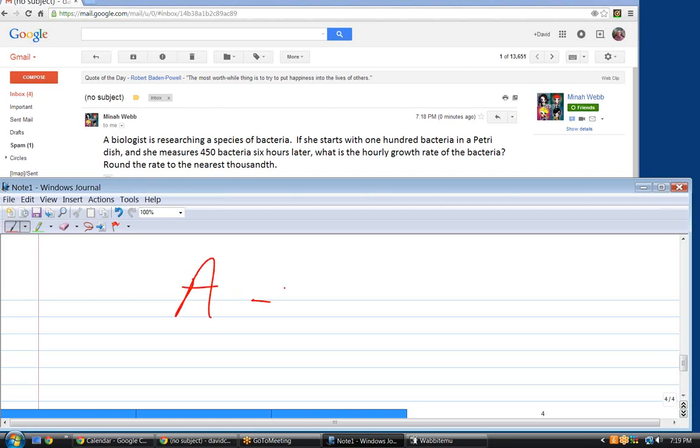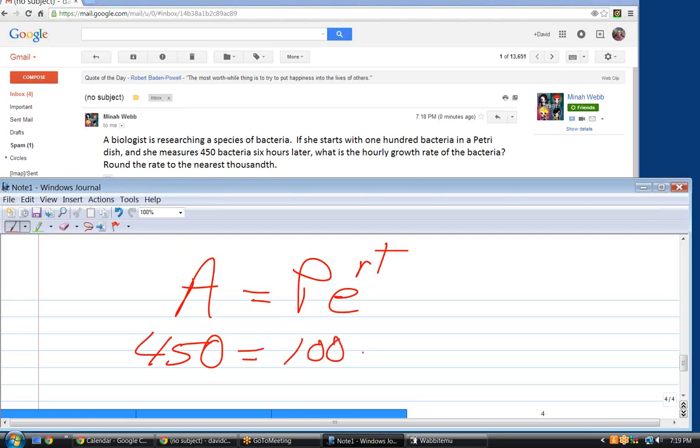So the amount of bacteria in the petri dish is equal to the starting amount times e to the rt. So we can substitute everything we know. The amount 6 hours later was 450. Starting amount was 100. R is the unknown, and T is 6.